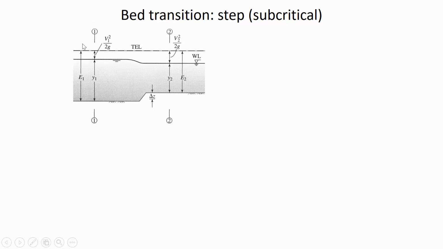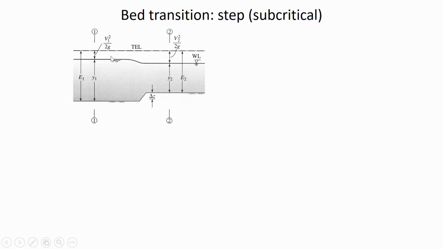So same as before, there's a certain amount of specific energy at 1, and the specific energy is the depth and the velocity head. Now in this case, what they're saying is, let's measure the total energy relative to the channel bottom at 1. So here they're labeling this line TEL, that means total energy line.